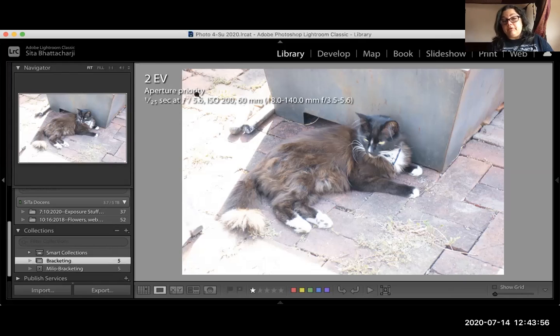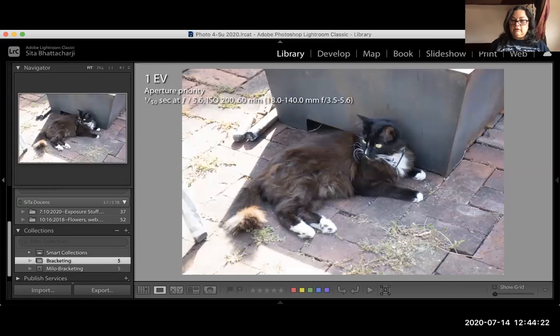It then says aperture priority, which tells me I shot it with the camera set to aperture priority. So I had chosen f5.6, and the camera automatically set the proper shutter speed, and then +2 because I wanted it overexposed by 2 stops.